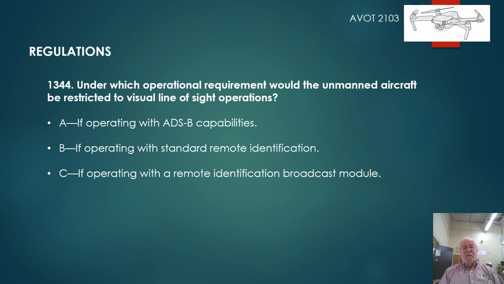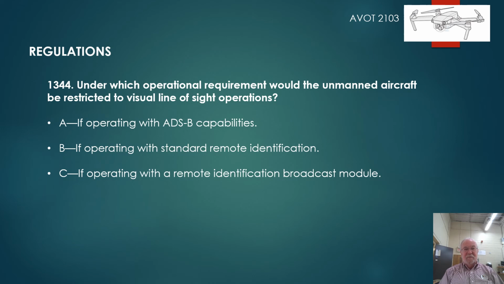Specifically, if you have a broadcast module, this is the aftermarket thing that you put on your drone to make it compliant with remote ID. Stick it to the side. I'm not sure how you're going to attach it, but it's supposed to be attached to your drone, and a module attached to your control station to meet the requirements of the regulation. If that's the case, you must remain within line of sight operation. Apparently, the reason I don't like the question is that's pretty much the rule right now.